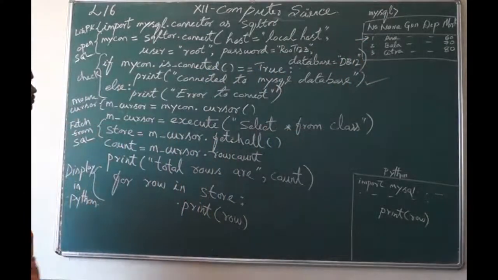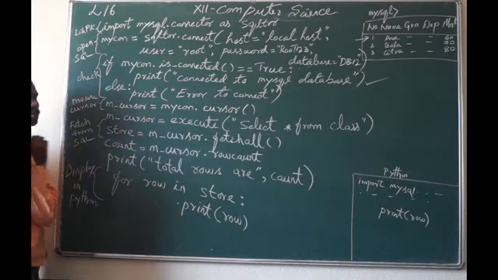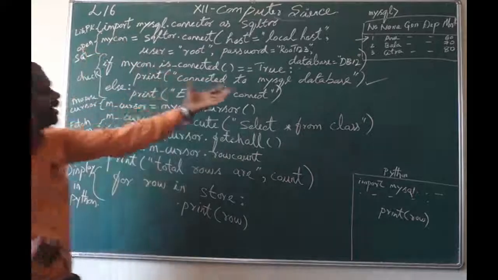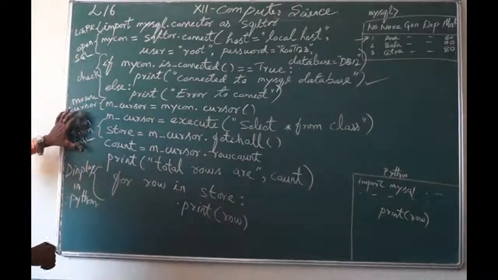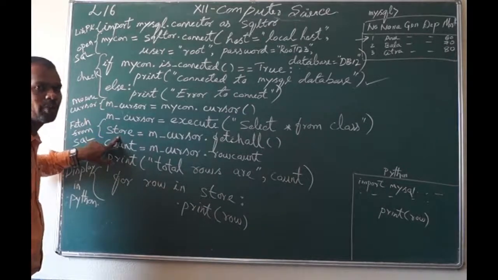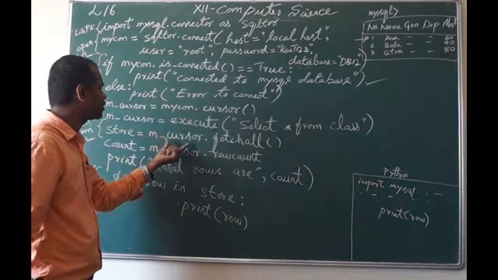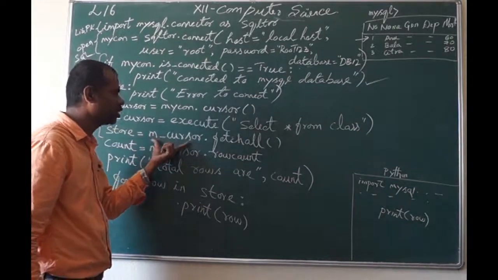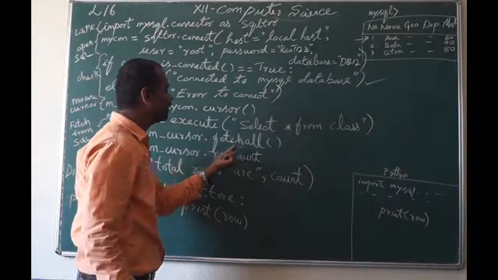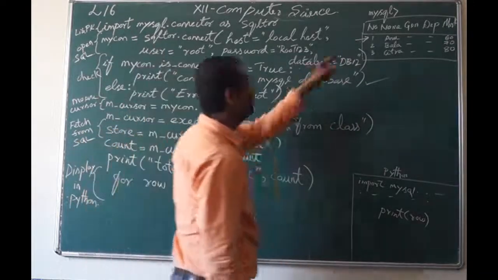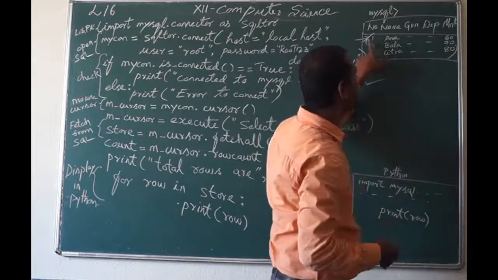Okay, fine. Then next line, fetching data from the SQL. Fetching the data from the SQL, what do we have to write? We have to write store is equal to m underscore cursor dot fetchall. Wherever the mouse cursor is, that is here, from here you have to fetch all the data, right from 1 up to 80.